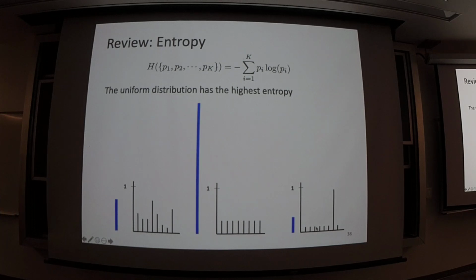Here's the visualization of that. If all the labels distribute uniformly, you will get the largest entropy, the largest uncertainty, which means the worst purity. But if you have a skewed distribution of those different labels, you can decrease the entropy a lot.